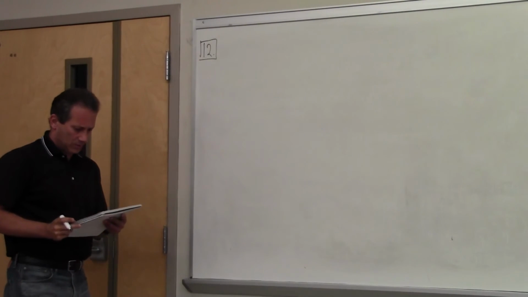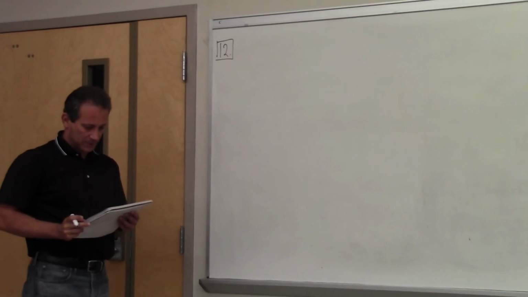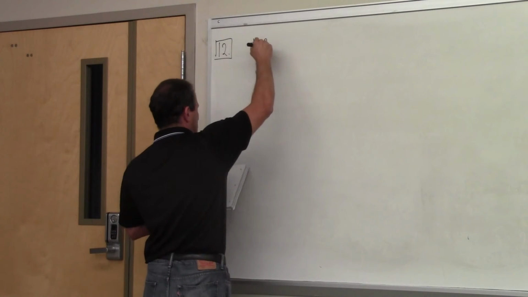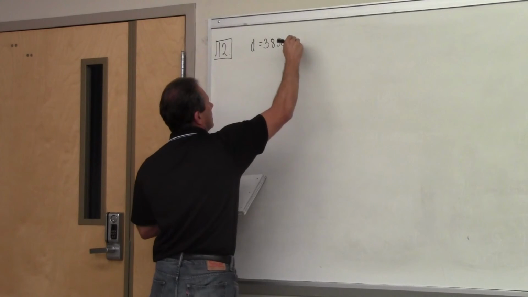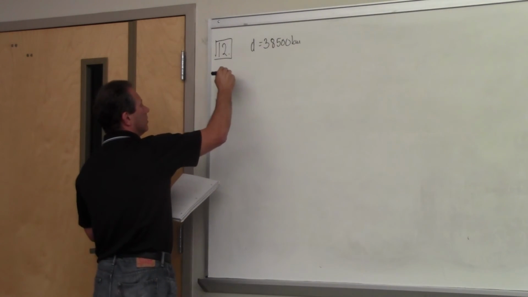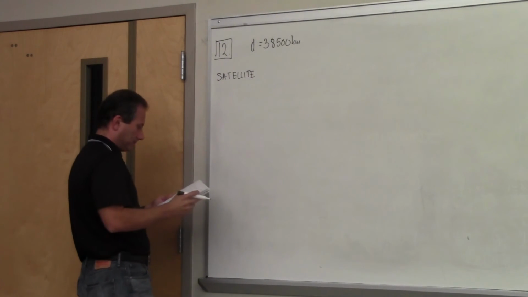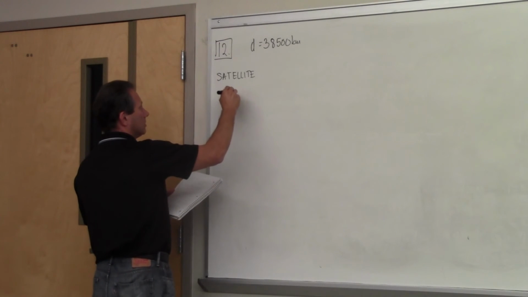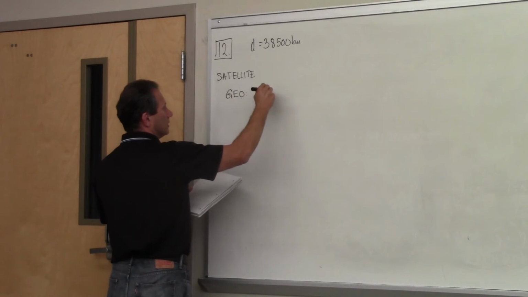It says design a communications link through a geostationary satellite to meet a C/N margin specification. Path to satellite, so distance is 38,500 kilometers. There's a lot of data here, so let me just put it on the board. For the satellite, this is a GEO satellite at 73 degrees west.